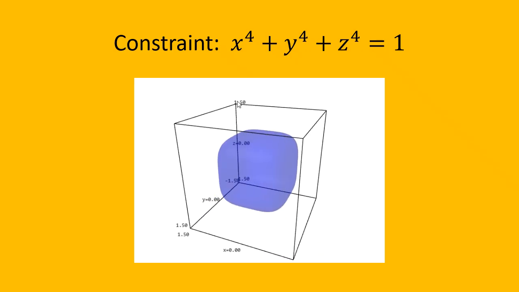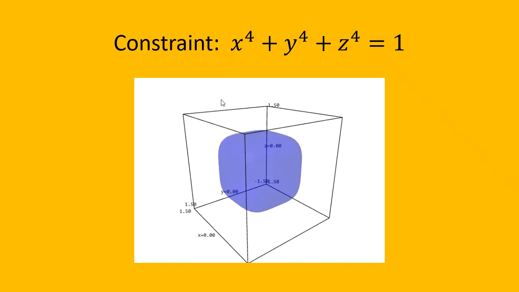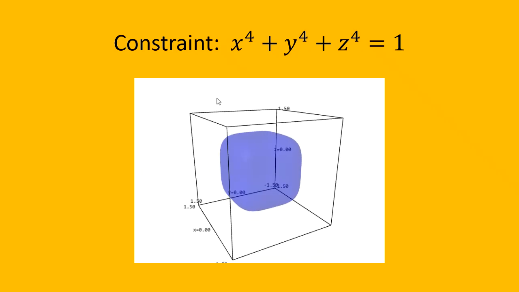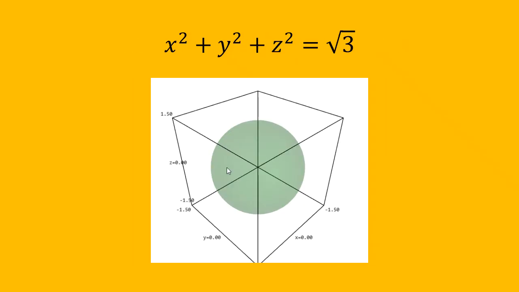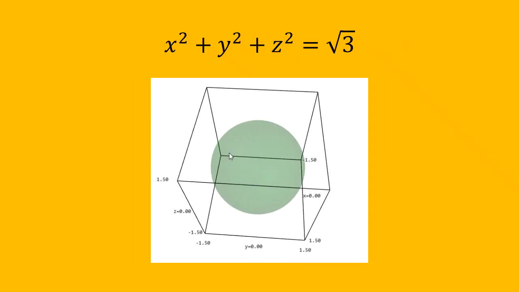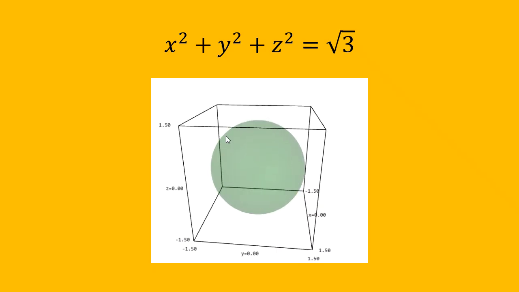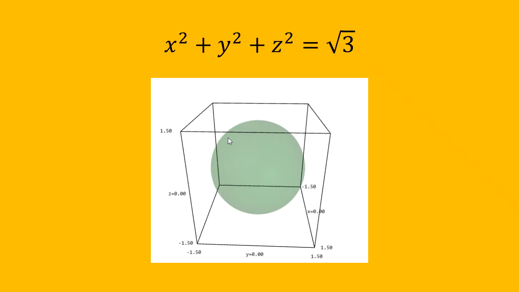As we can see, it looks something like a cube with rounded edges and corners, something like a die, one of a pair of dice. And this is the surface x squared plus y squared plus z squared equals the square root of 3. This is also a sphere with radius the square root of the square root of 3.